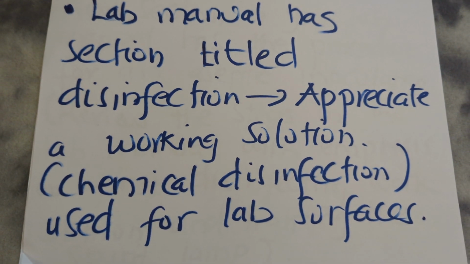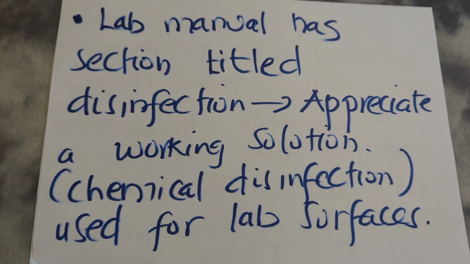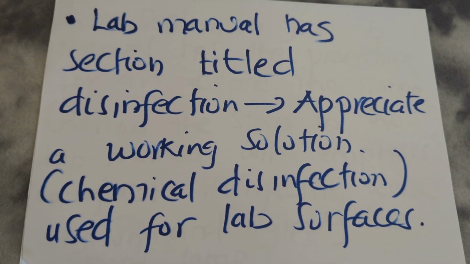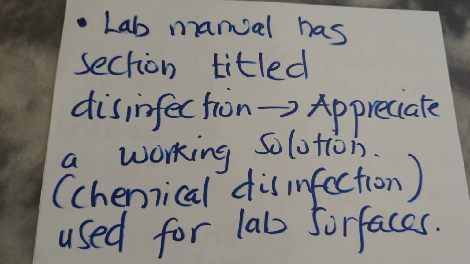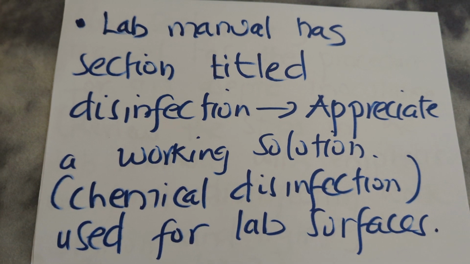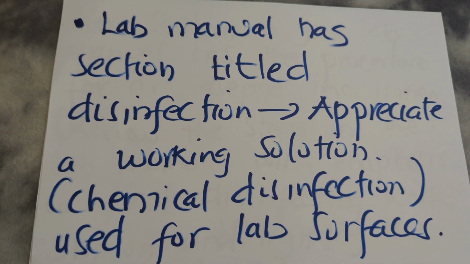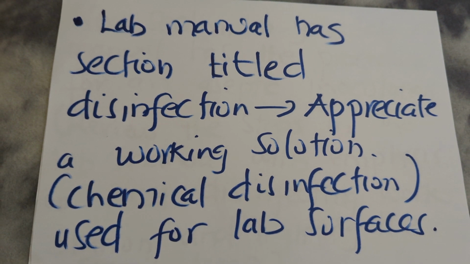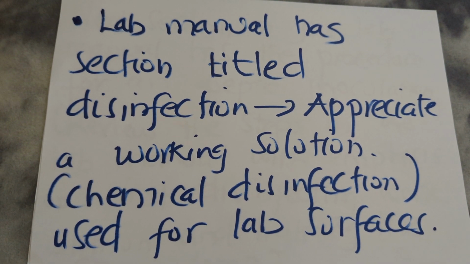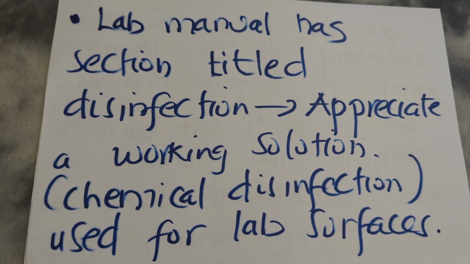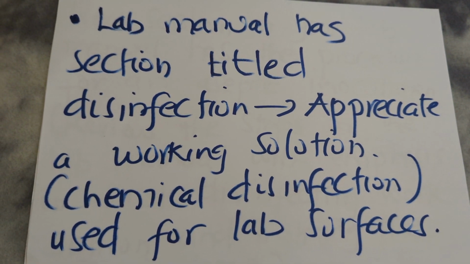Like I said, your lab manual already has a section titled disinfection, and it's basically trying to show you a practical example of a working solution, a chemical disinfection approach in the lab. So you can appreciate that in your menu, that solution and that dilution.